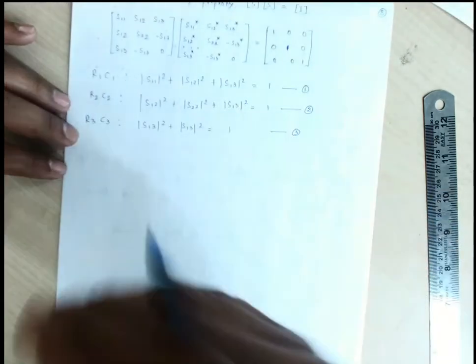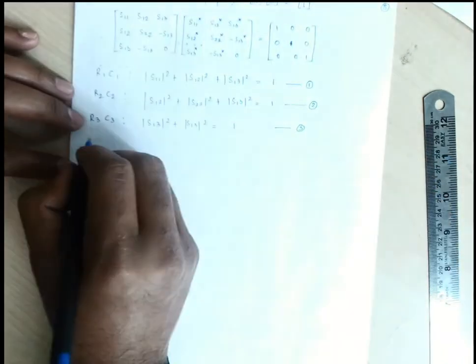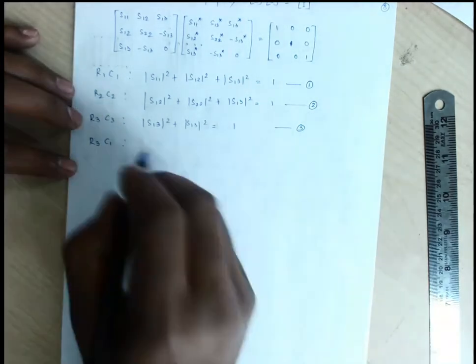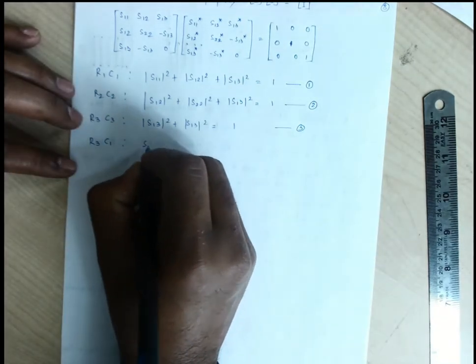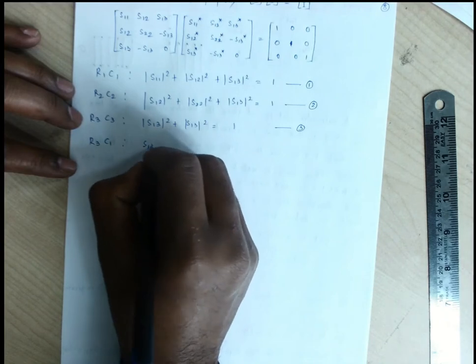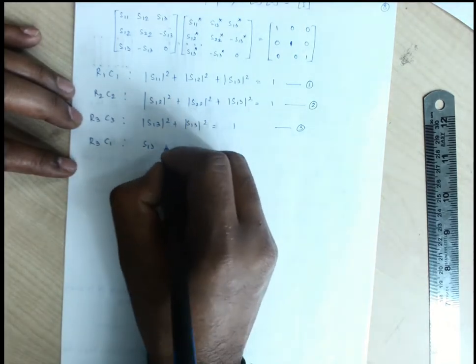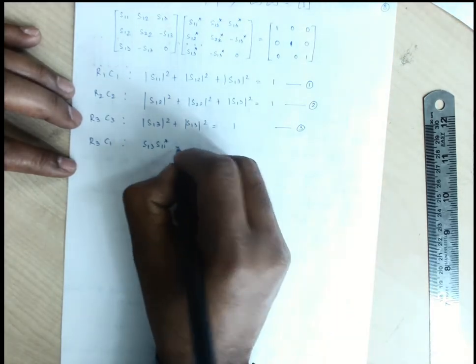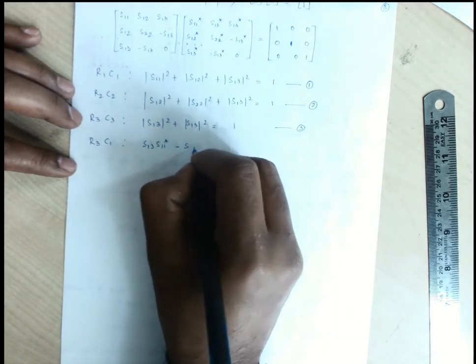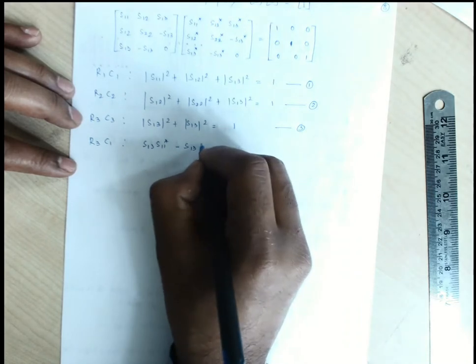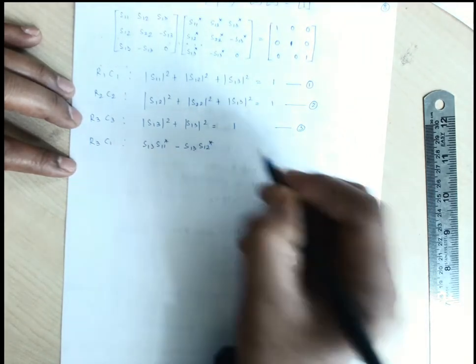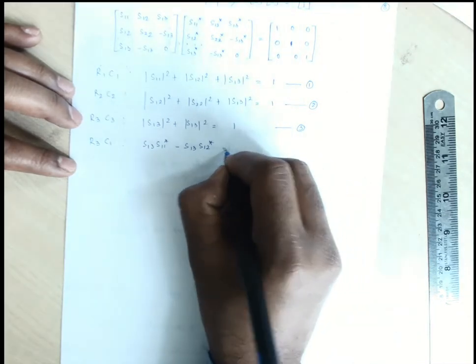Let us take another combination, R3 C1. You can take any other combination as well. So it will result into S13 S11 conjugate minus S13 S12 conjugate plus 0 is equal to 0.